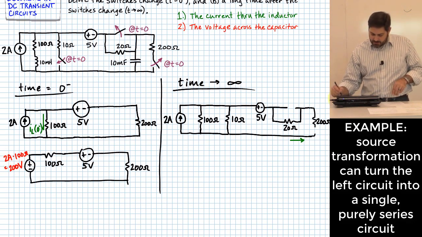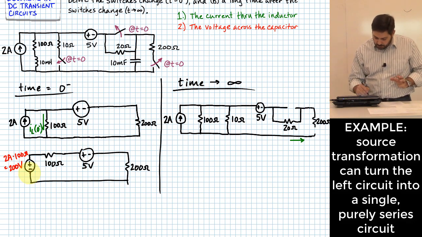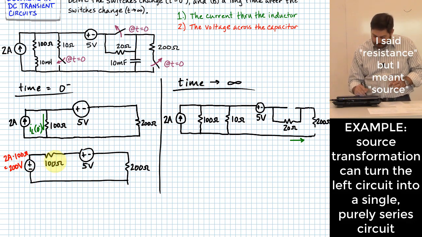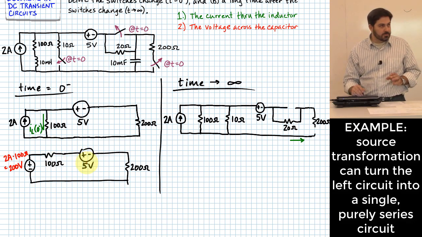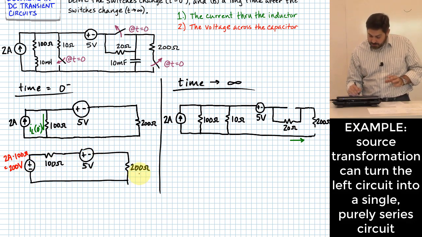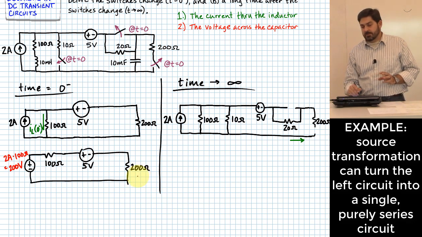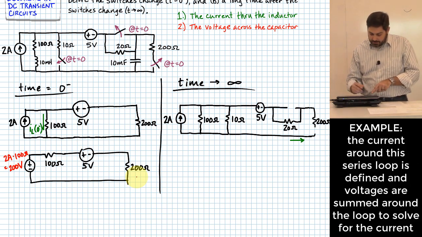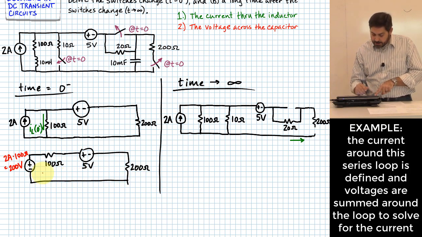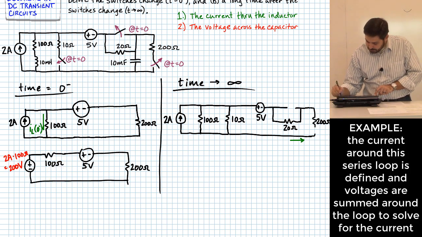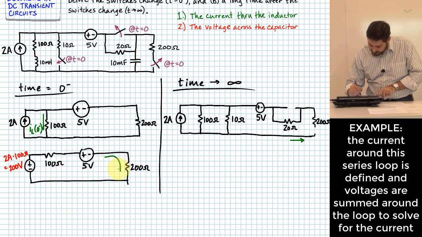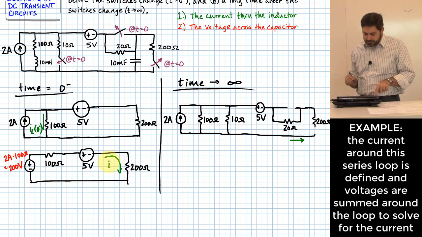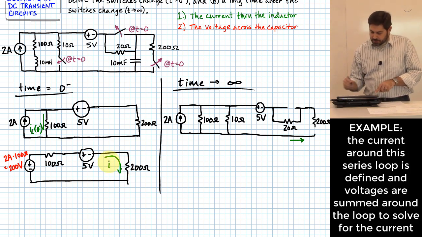So now I have that. Once I have a 200 volt source in series with a 100 ohm resistor, in series with a 5 volt source, in series with a 200 ohm resistance, what is this circuit essentially? One loop, right? So if I want to, I could do a sum of voltages around this loop in terms of I. Let me identify a different I, just plain old I. What's that I value going to be around this loop?